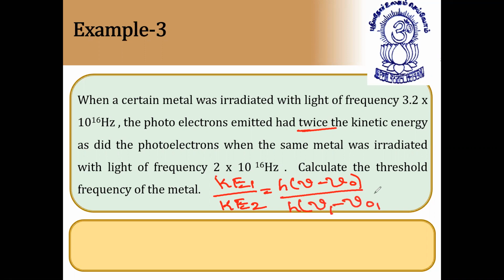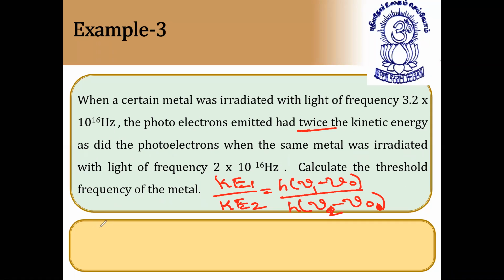Here nu naught is the same. Nu naught 1 is not required, nu naught only, because it is the threshold frequency for the same metal. So here nu 1 is 3.2 × 10^16 hertz, and nu 2 is given. The h gets cancelled.